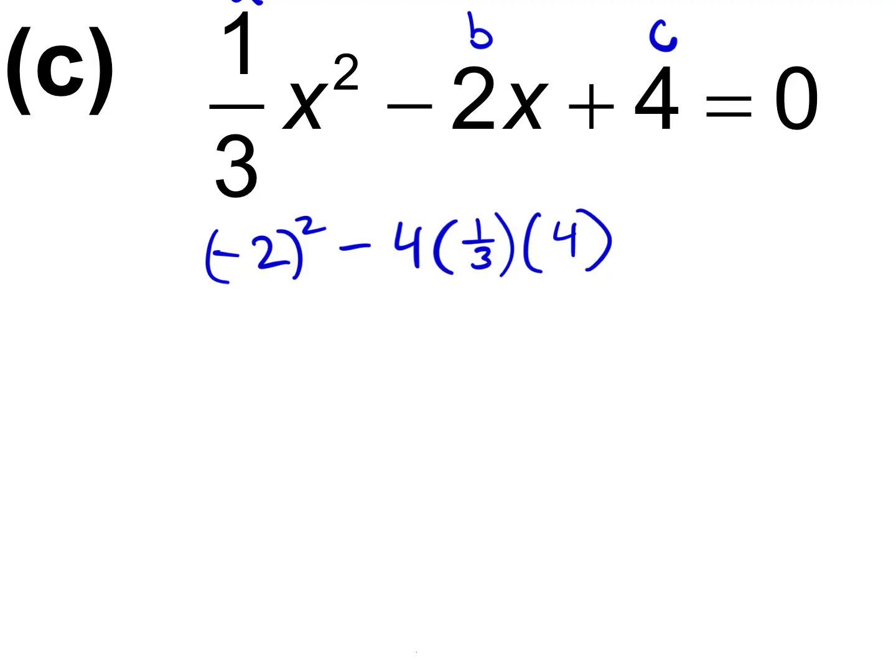So negative 2 squared is what? 4. Then we have, here I'll do 4 times 4 first, which would be 16. So negative 16 times 1/3 is what? Awesome. Negative 16 over 3.